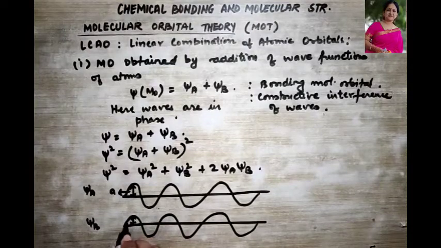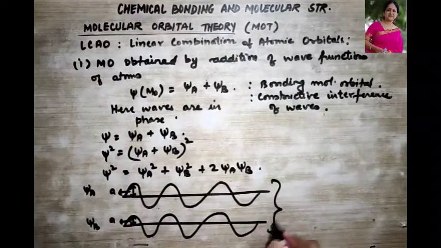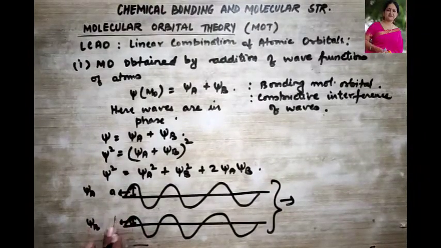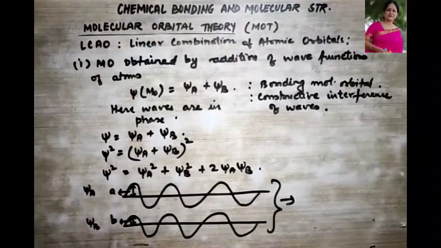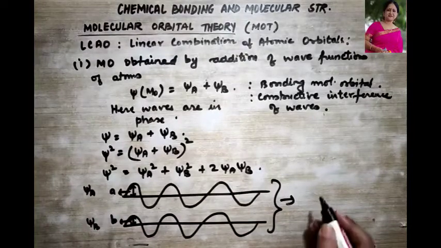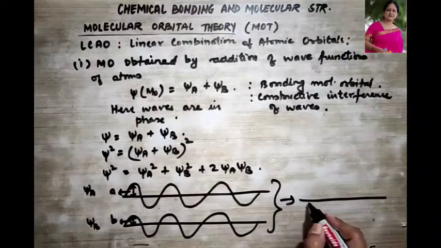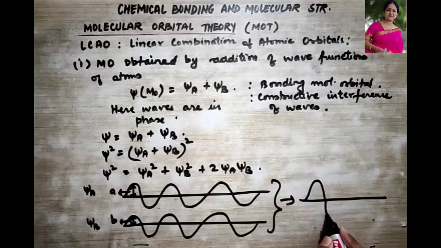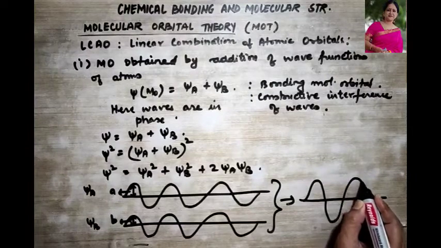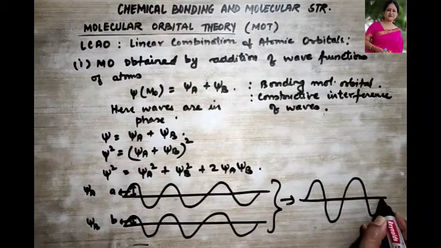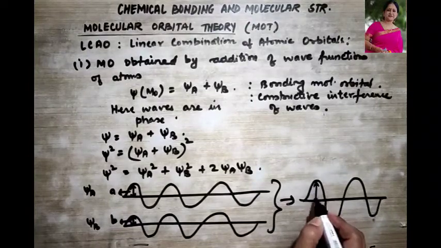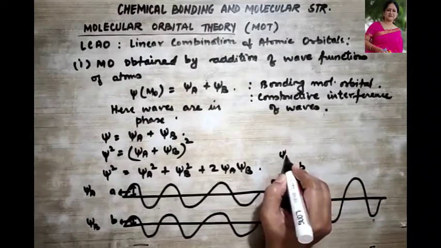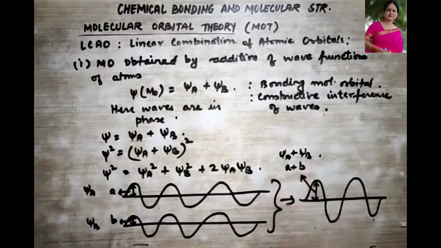So this is A, right? Sorry, this will be B. The amplitudes of A and B will get combined. So what are we going to see? See, it increases. So this is your wave function A plus wave function B.